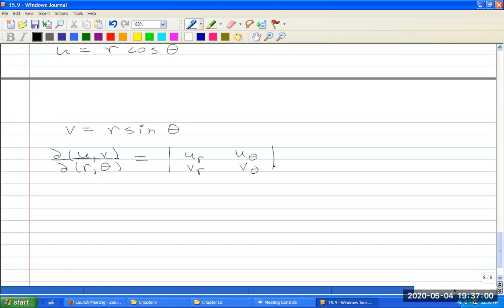So let's see what that is. Hopefully it comes out to r, because that was our multiplying factor when we did a change of coordinates into polar coordinates. And so let's take the partial of u with respect to r.